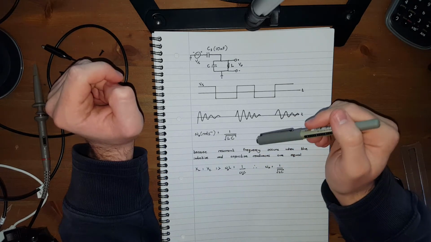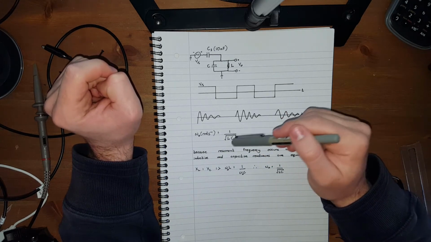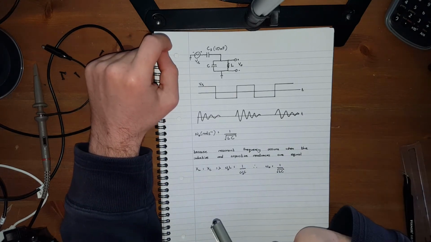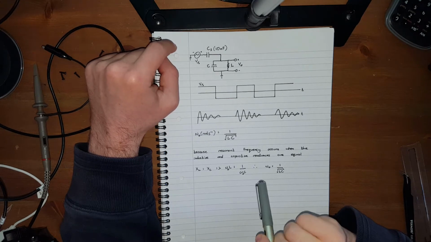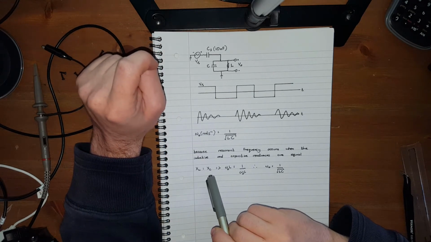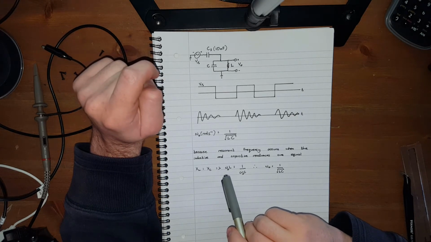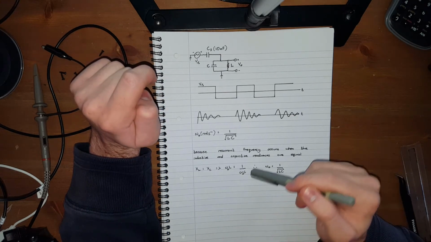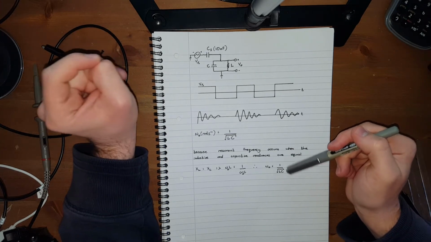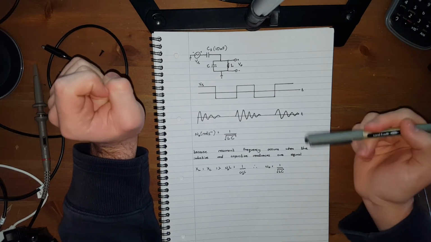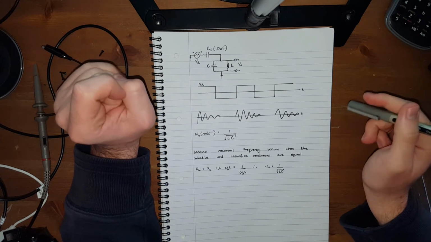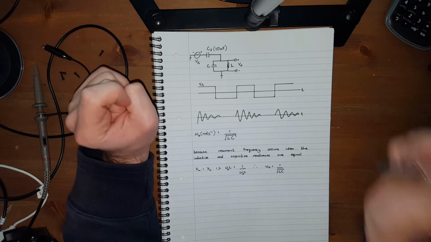Now the damped natural frequency is equal to 1 over the square root of LC, and this is because the resonant frequency occurs when the inductive reactance and capacitive reactance are equal. So we get omega L equals 1 over omega C, and that simplifies to omega equals 1 over the square root of LC. Now omega is in radians per second, but of course we just divide that by 2 pi to get it in hertz.